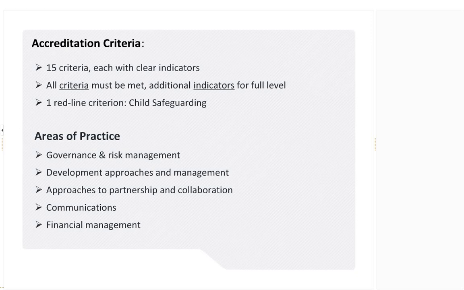So we're pretty confident that NGOs currently in the program are completely across child safeguarding, and certainly new organisations are across child safeguarding as well. So that's why we've made it a red line criterion, and just given its overall importance.